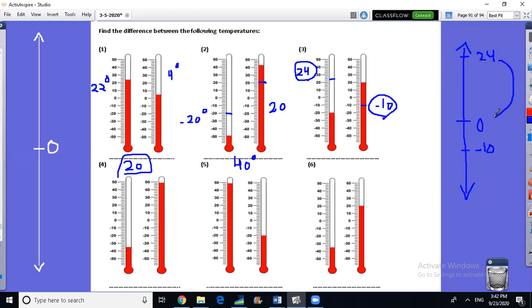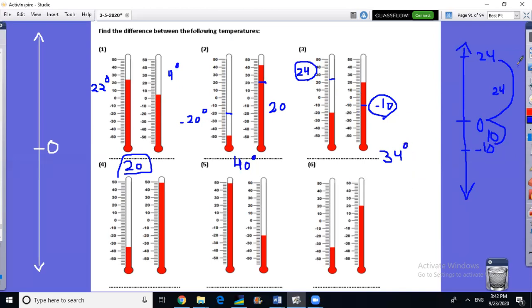From 24 to 0, 24 numbers. From 0 to -10, 10 numbers. So the difference between 24 and -10 is 34 numbers. If the temperatures are 24 degrees and -10 degrees, the difference would be 34 degrees.